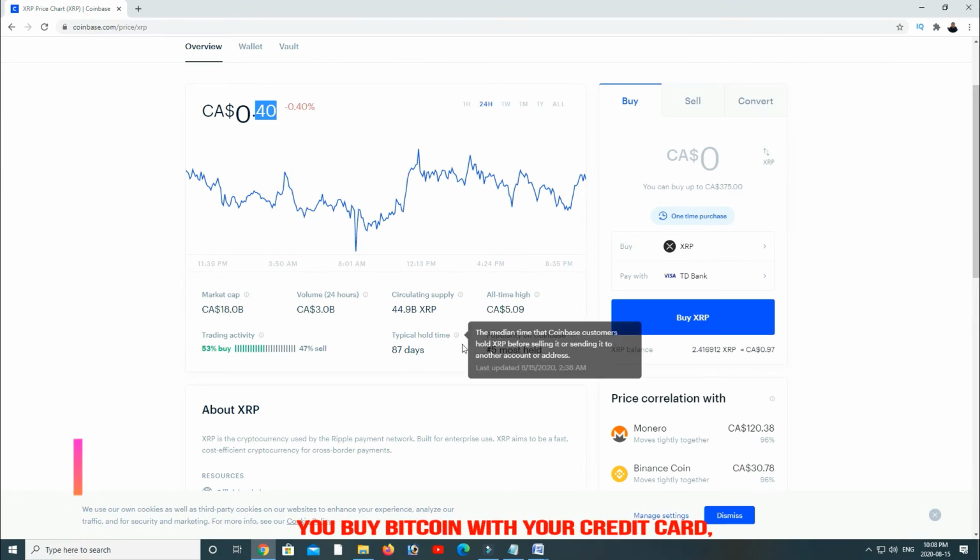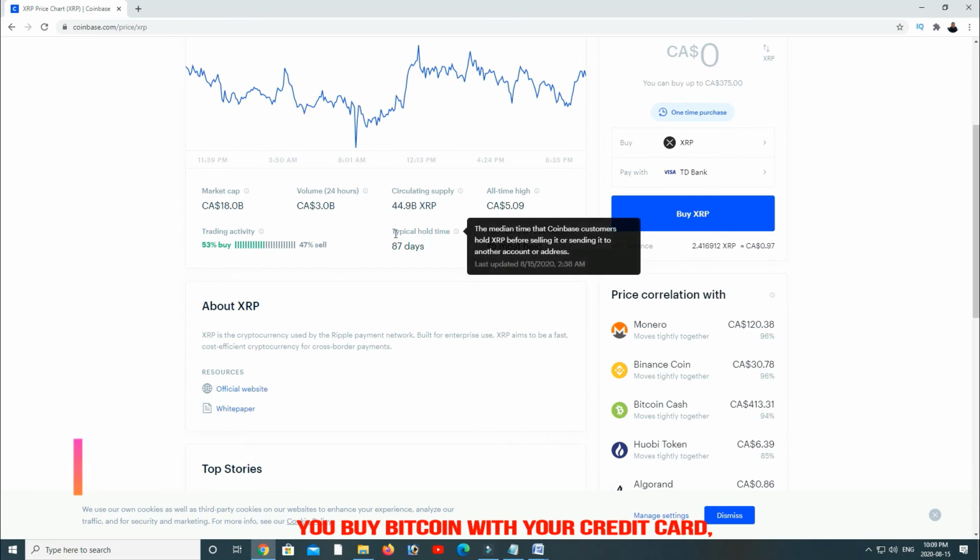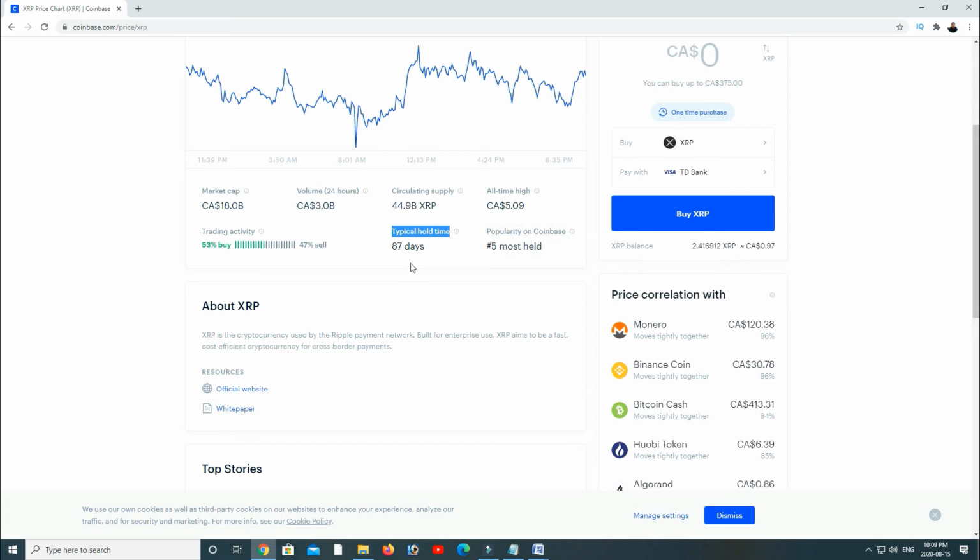If you see this currency's cost and its capital, it's 18.0 billion, and here you can see the typical hold time is 87 days. The most important thing is here, current trading activity: 53% buying and 47% selling.